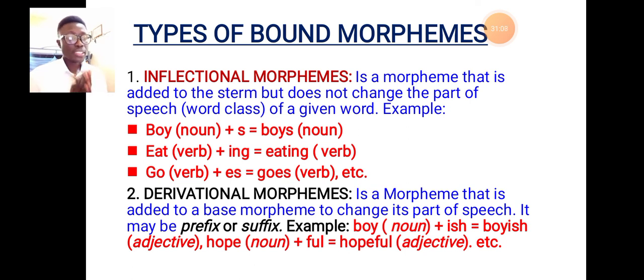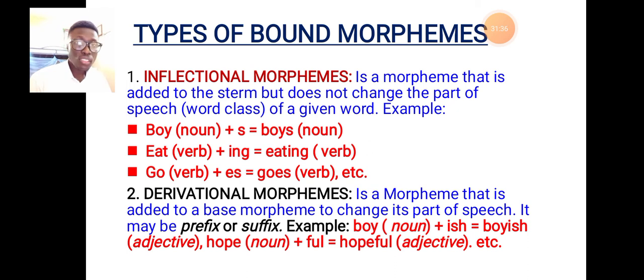This time the noun is maintained. It is not going to be changed. The word class over here still remains a noun because boy plus hood gives you what? Boyhood. Boyhood, making it what? A noun.